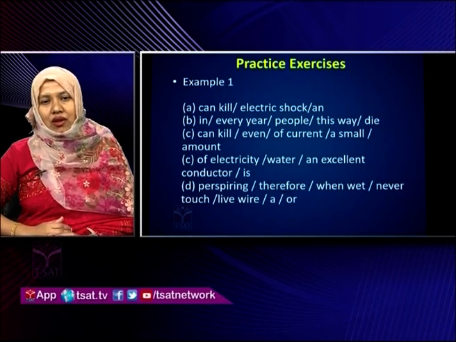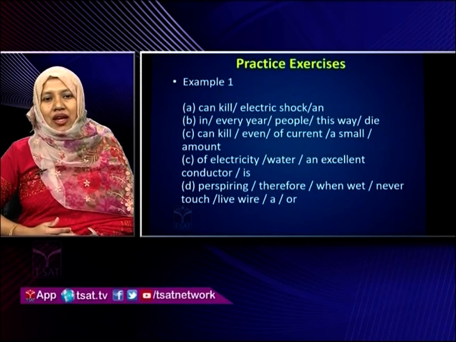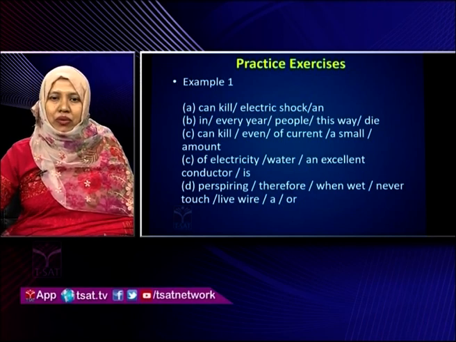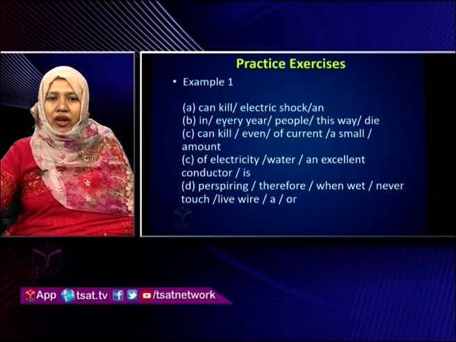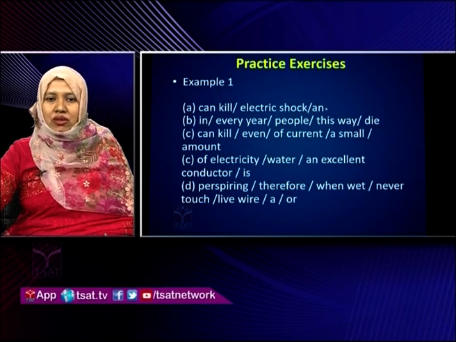Next, second one. In every year, people this way die. The sentence is divided into five parts. So search for the noun. What is the noun here? People. Search for the helping verb or main verb.